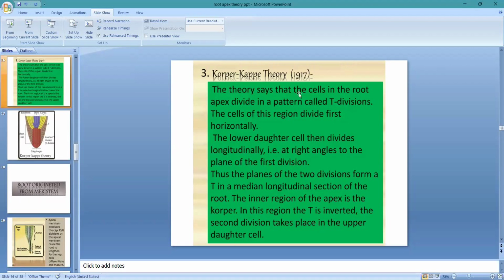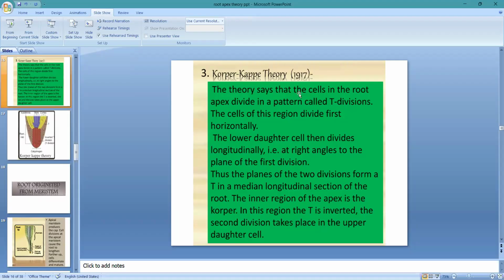After one anticlinal division and one longitudinal division, in this region the T is formed, but here the T is inverted. The second division takes place in the upper daughter cell. So these two zones in the root apex, delimited by the T and inverted T, were named Korper and Kappe. Korper means body and Kappe means cap.